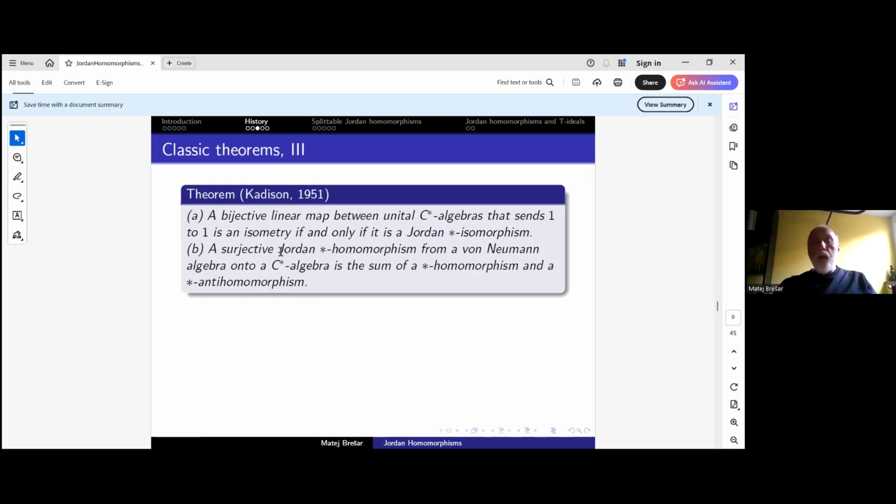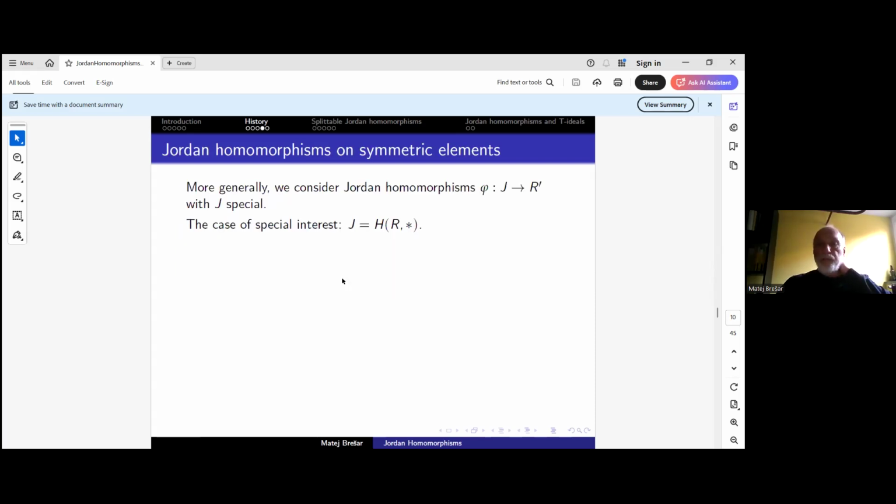And Kadison also, in this important paper, proved that if one of the algebras is von Neumann, then these Jordan homomorphisms are sums of homomorphisms and anti-homomorphisms. There are other results on Jordan homomorphisms, not only those defined on algebras, but defined on other special Jordan algebras.